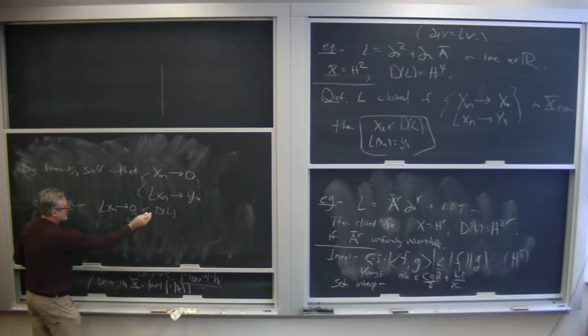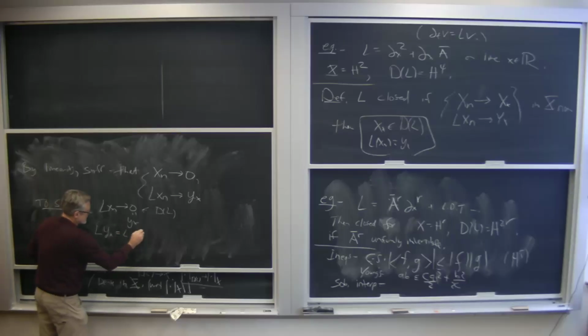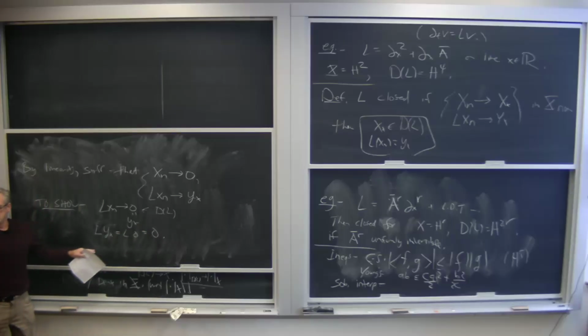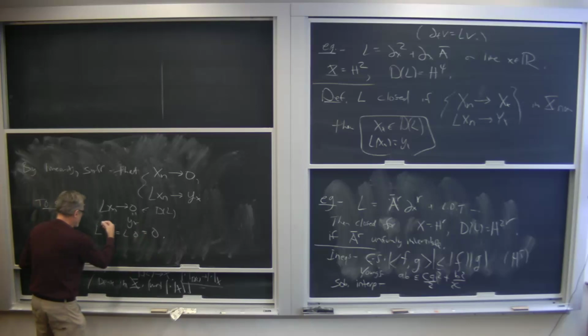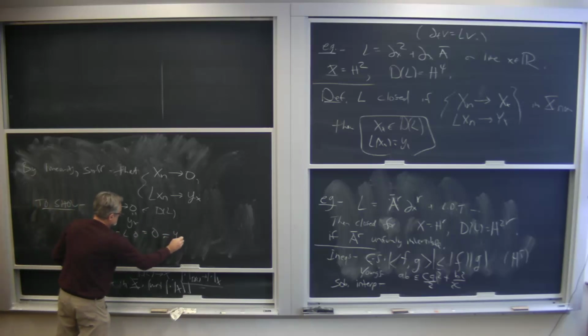So it's both in D of L and L of y star equals L of 0 equals 0. I'm sorry, L of x star is L of 0 equals 0, which is y star.